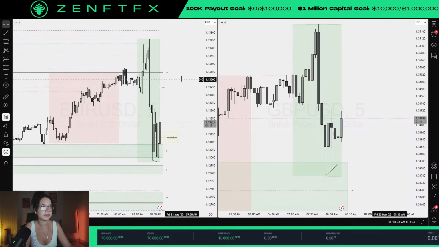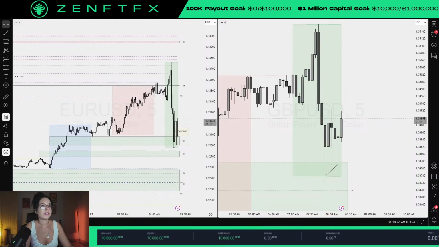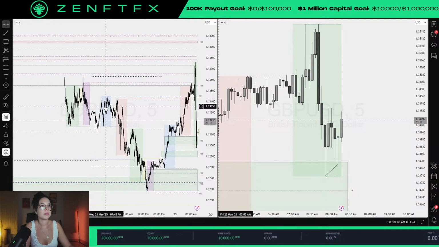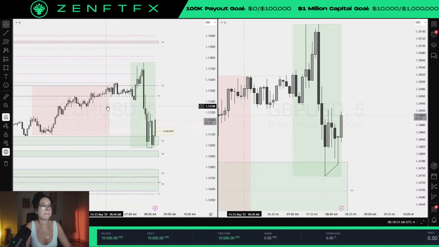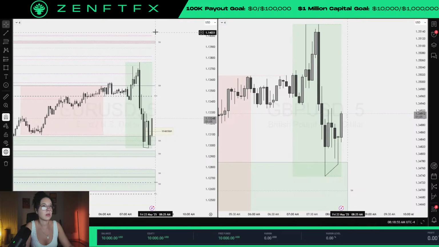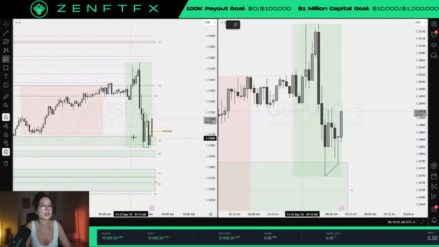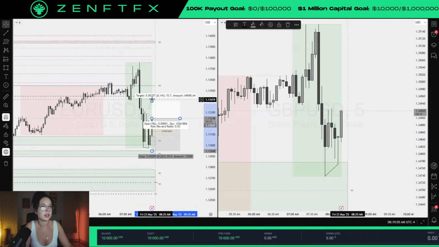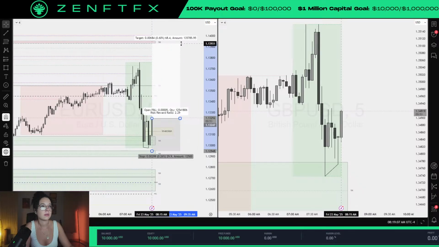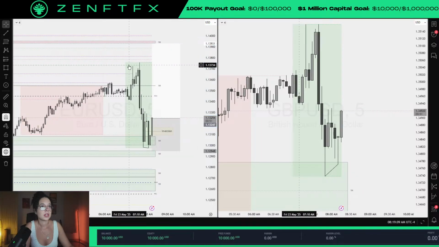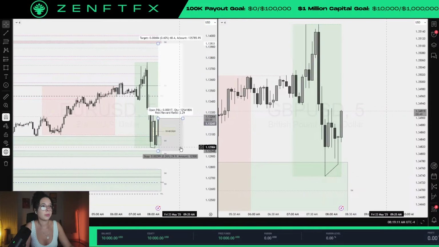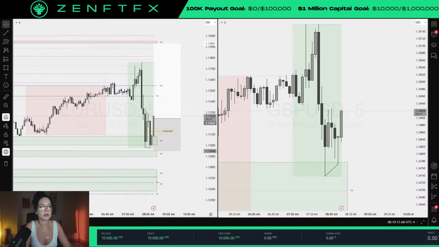So yeah, we're gonna wait for the 5-minute and potentially target some London highs. The London lows are actually already taken too. So we'll probably target this hourly fair value gap that hasn't been filled yet. I'm probably gonna look for something like this. I hope we get a little bit more of a retracement before we go for it.